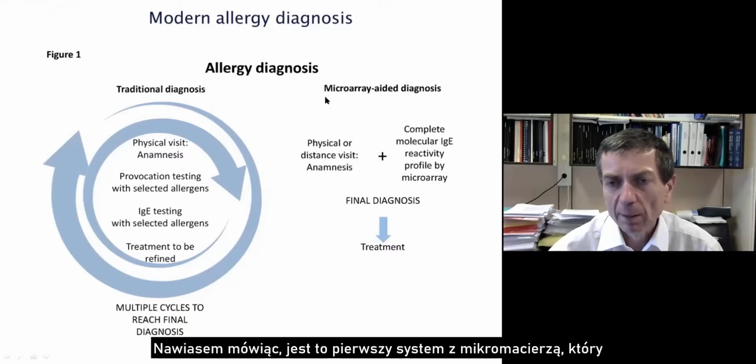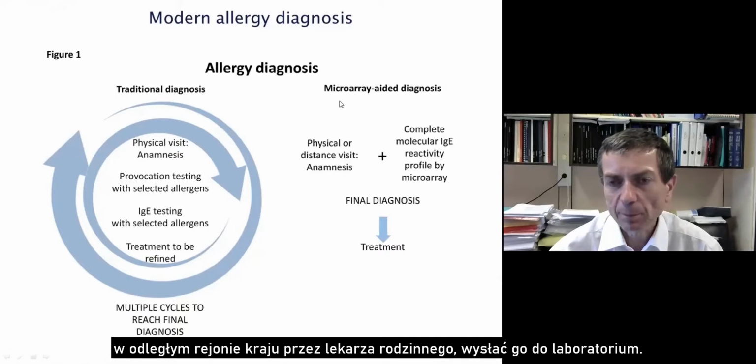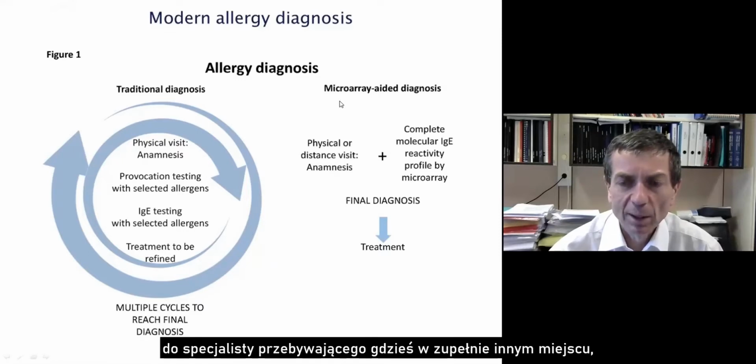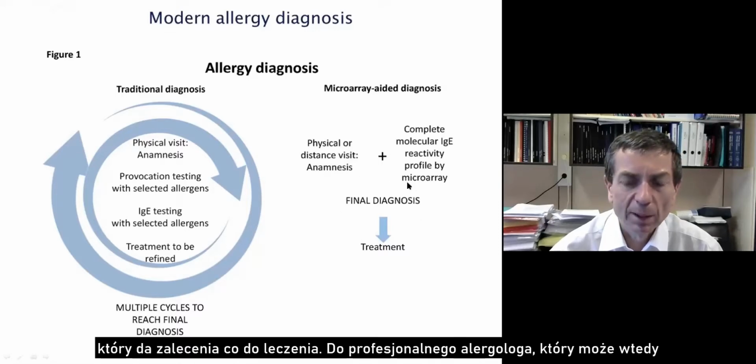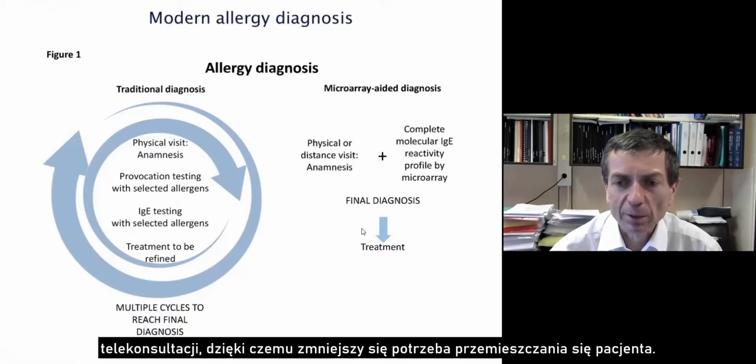By the way, the fast system with the microarray, when you link it with telemedicine, will allow basically to take the chip result in a remote area of your country by a home doctor, send it to a laboratory, and then you can send the result to a specialist sitting somewhere completely different, a fully trained allergy professional who can then look at the anamnesis and the IgE reactivity profile and give you a teleconsultation.